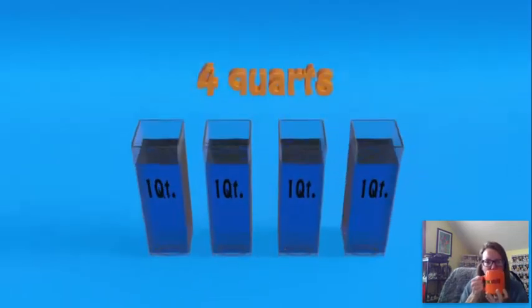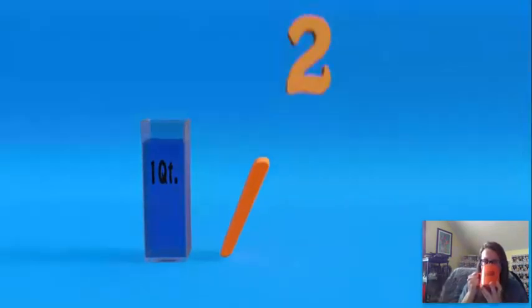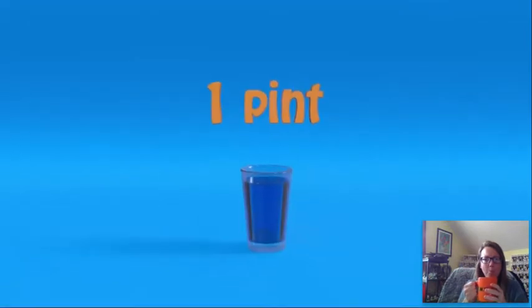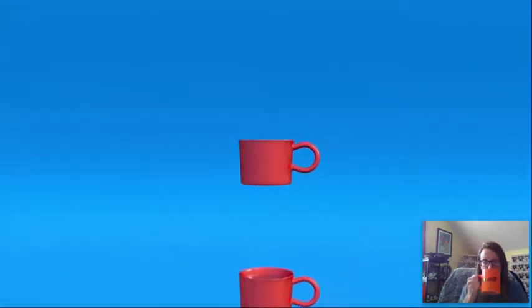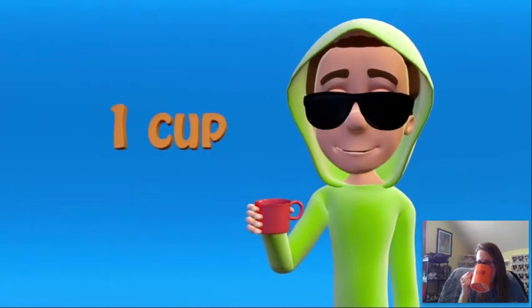One gallon split into fours is 4 quarts. Take that and divide by 2 and you got a pint. Split that pint up into halves and make a cup.